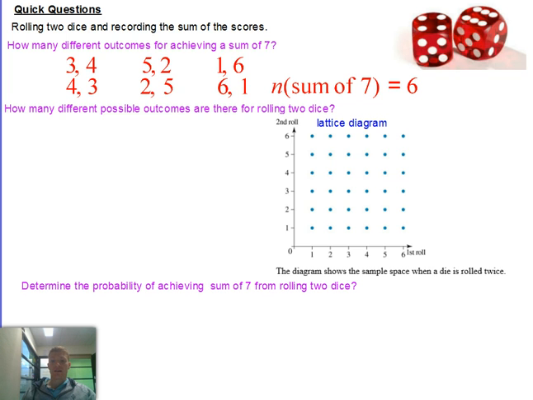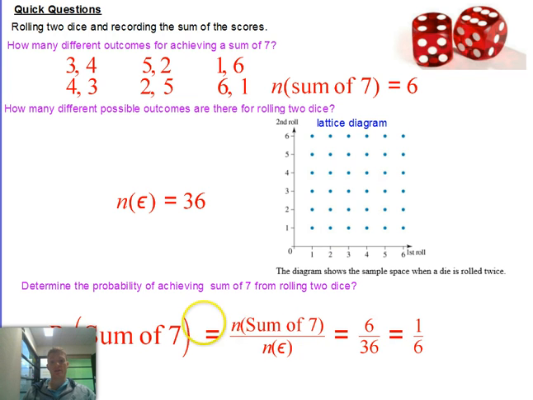Now, if we know those two ideas, how can we then determine the probability of achieving a sum of 7 from rolling two dice? Well, the whole idea of a probability is the number of outcomes we have of the desired event we're looking at, such as the sum of rolling a 7, divided by the total number of outcomes altogether, which is our 36 outcomes in our sample space.